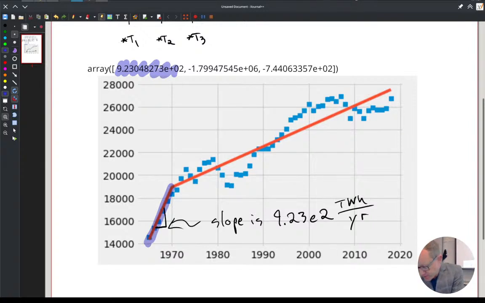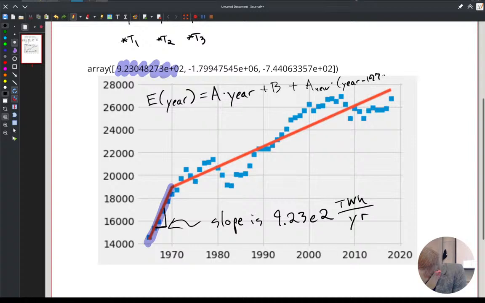The function that I'm trying to fit is that energy as a function of year is some slope times the year plus an intercept, and then plus a new slope times year minus 1970, like some offset.